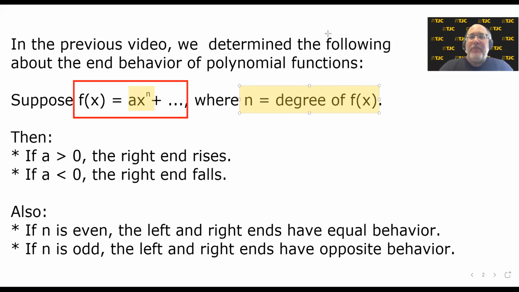Now, if we know what the leading term is, the highest powered term, and we know the leading coefficient, meaning the number in front of it, so the leading coefficient on this one is the a, and we know the degree, we'll put the degree in a different color, a light blue.